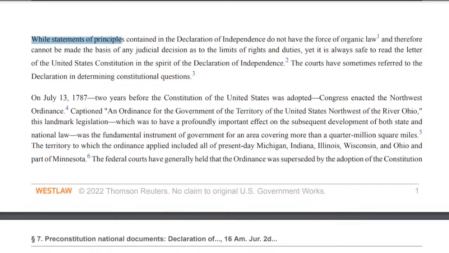While statements of principles contained in the Declaration of Independence do not have the force of organic law, and therefore cannot be made the basis of any judicial decision as to the limits of rights and duties. Let's break this down before we continue here.